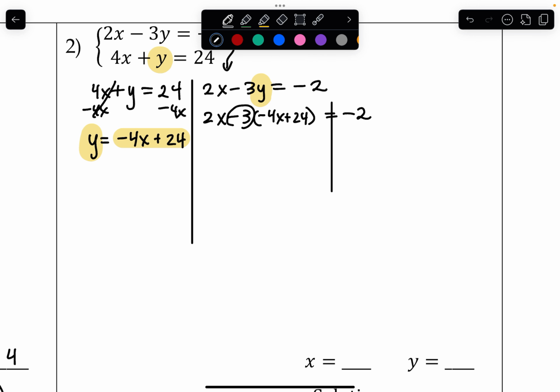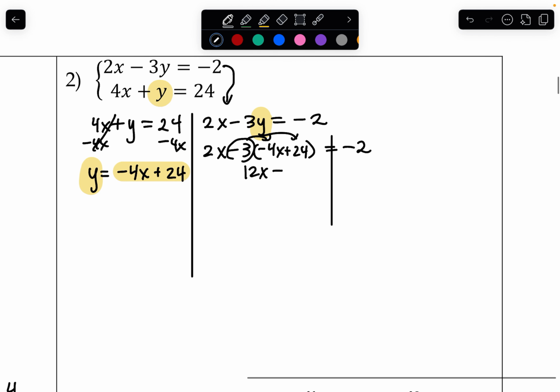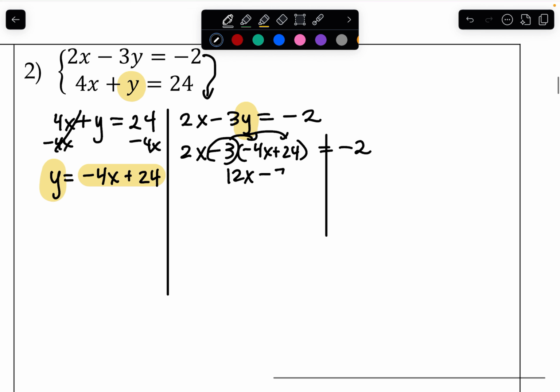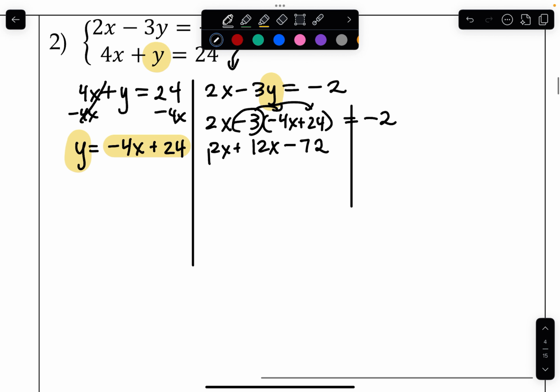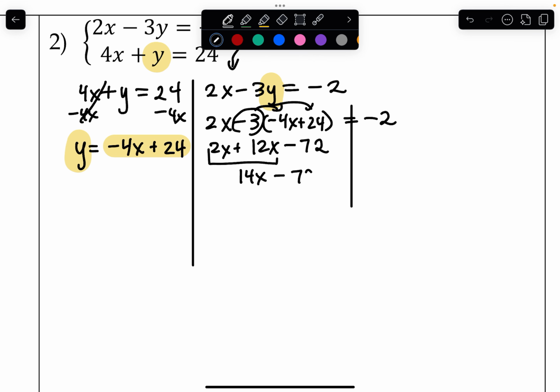Distribute first. We're distributing a negative 3, which would give me positive 12x minus, and then negative 3 times 24 would be 72. Bring down that 2x. And then our like terms, 2x plus 12x is 14x. Still have our equals negative 2 over here.